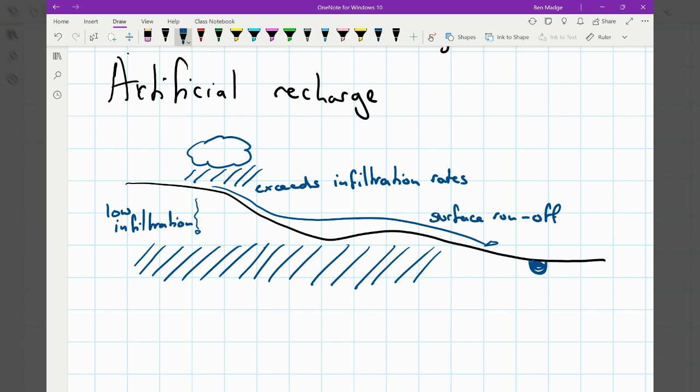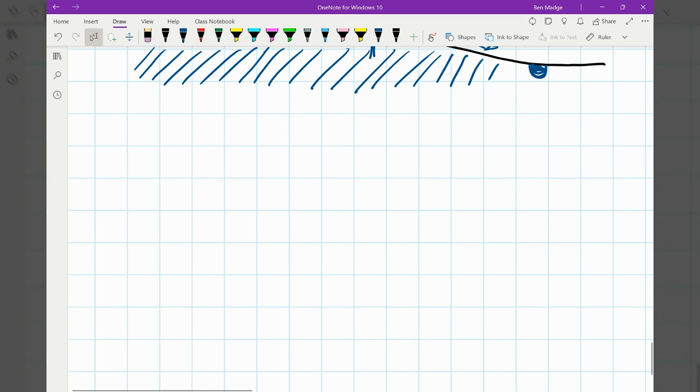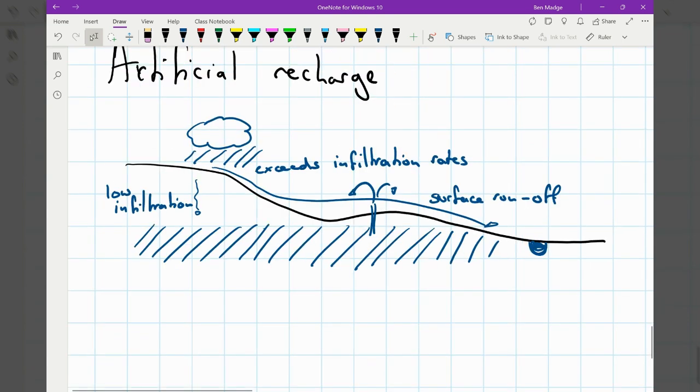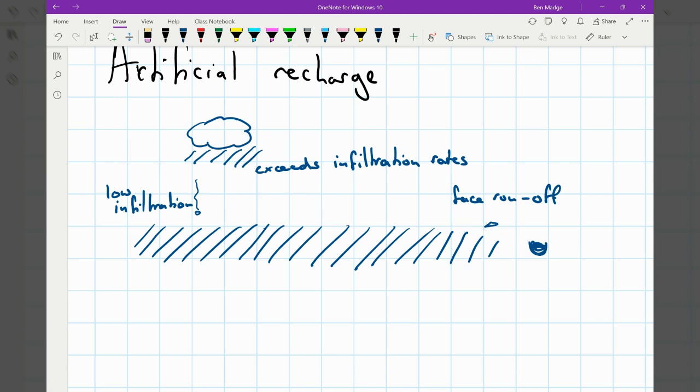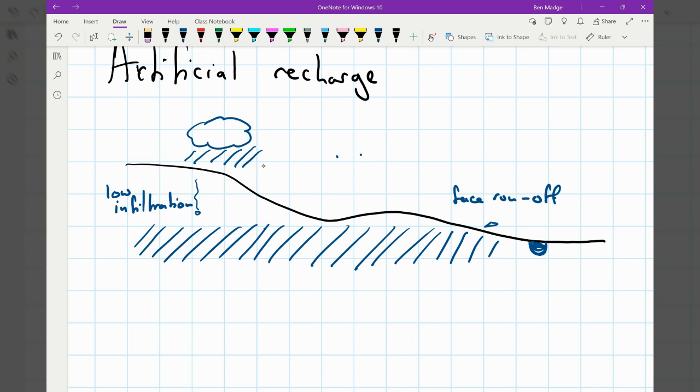Which is an issue because in the drier seasons, we're going to be extracting this quite a lot to irrigate our crops or use domestically. So what we might want to do in our winter period is to perhaps capture some of this surface water runoff to increase the amount of infiltration.